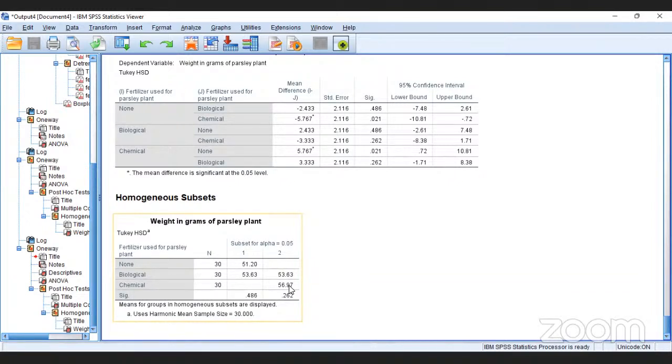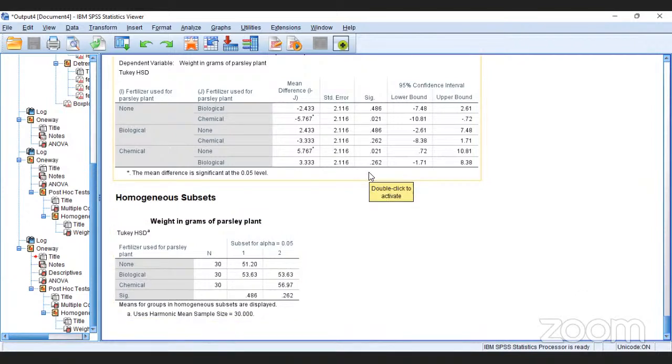If we're looking at the highest performing groups, the top groups will be the chemical and the biological. That's where we can also come here and see that the two of them are on the same level, right? And if we're looking from the lower end, we see that the non-fertilizer and the biological are almost the same. But overall, we see that there is a significant difference among the groups.